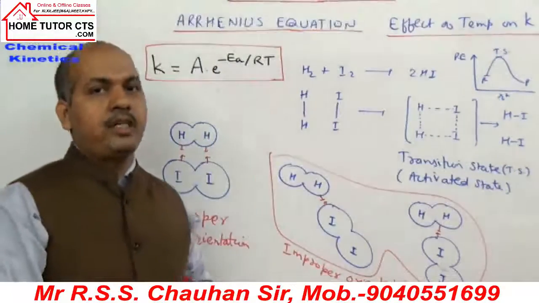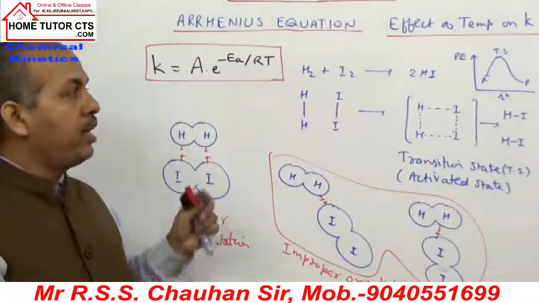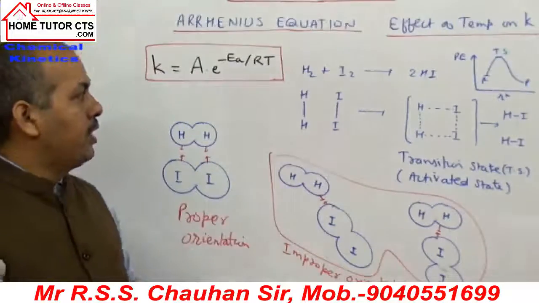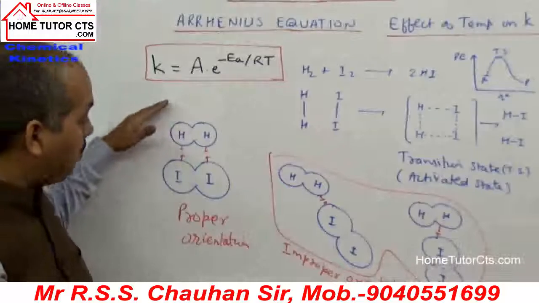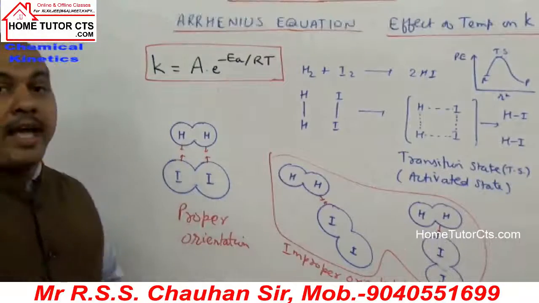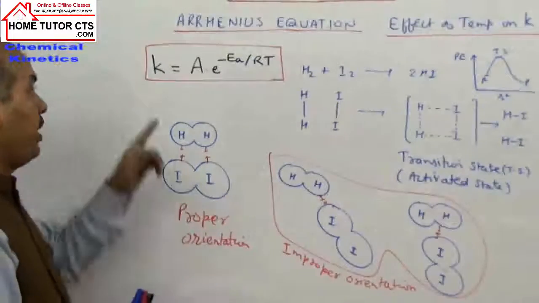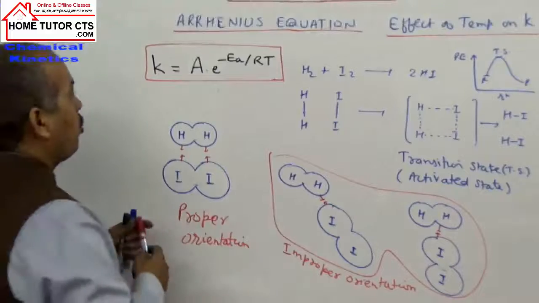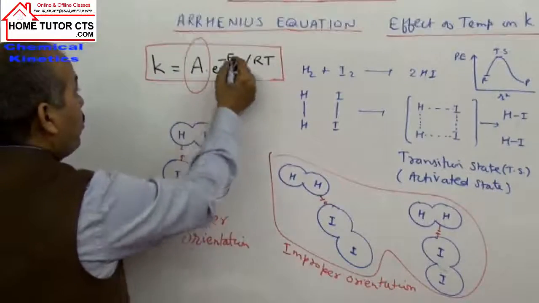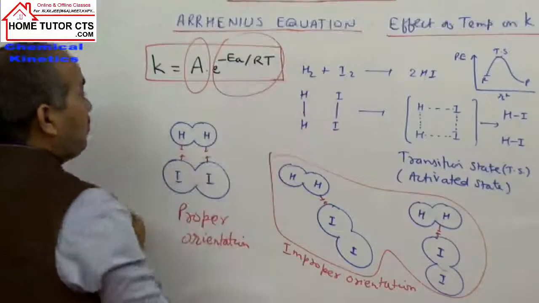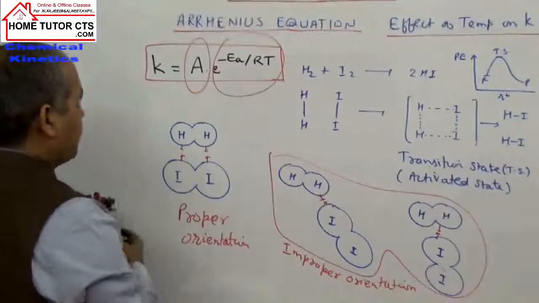From here they can convert to product, or they can also come back to the reactant. Reactions can be of two categories, reversible or irreversible, accordingly. So I hope it is clear. It is the example of molecules having proper orientation. So in the given graph there are two things. One part is A. A signifies the molecules having proper orientation.